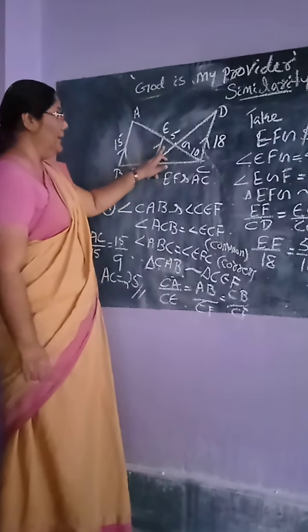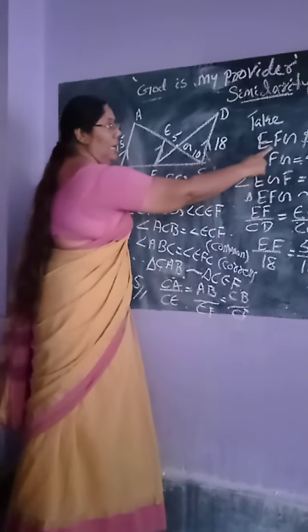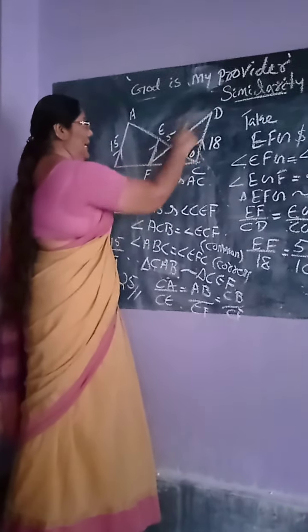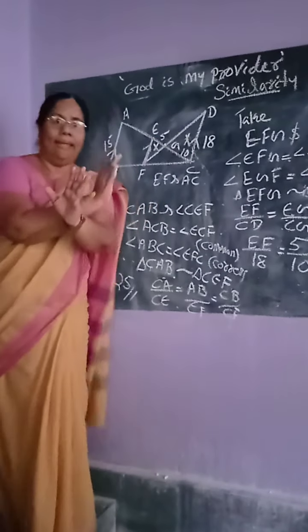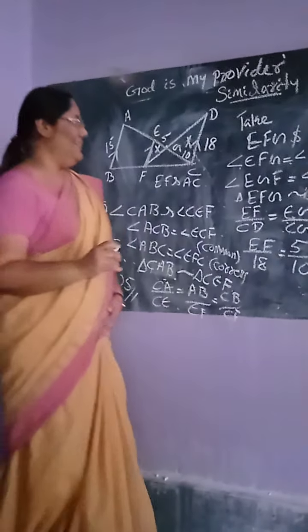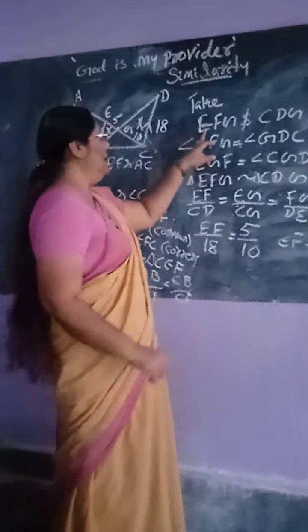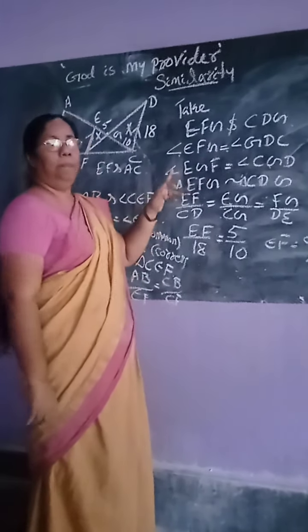All of you look here. Take EFG and CDG, these two triangles. I have already told you, vertically opposite angles are there. Take the triangles EFG and CDG.